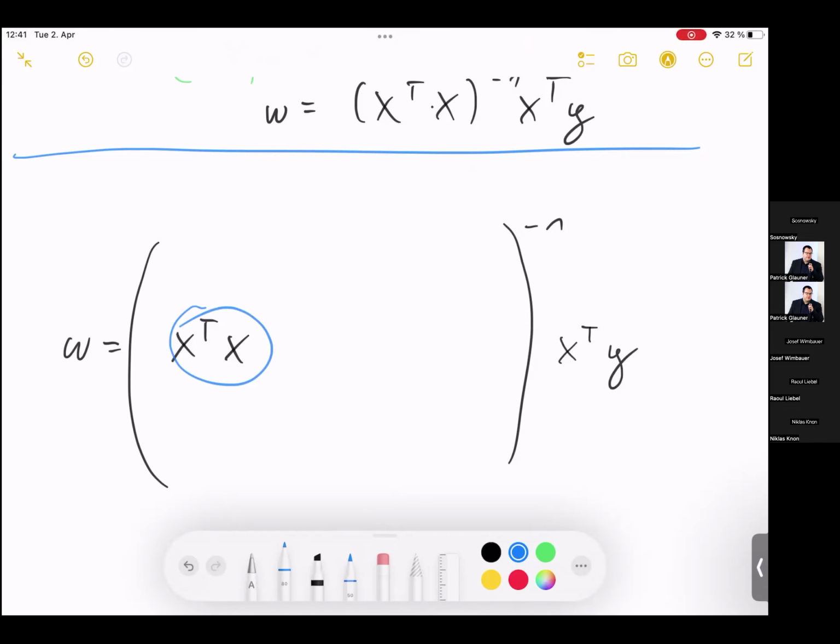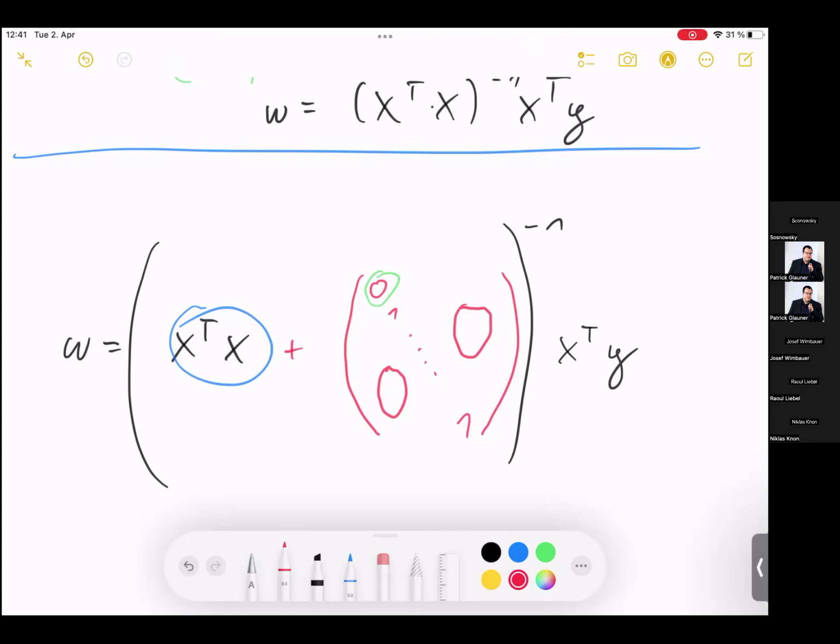What I could do is I can add something on top. Concretely, I add a matrix on top, which has 1 in its diagonal, except the first element. About this, I'll say more in a moment. But the whole diagonal is 1, except that one element. And all the other elements are 0 in this matrix. And I can just add this matrix on top of x transpose x.